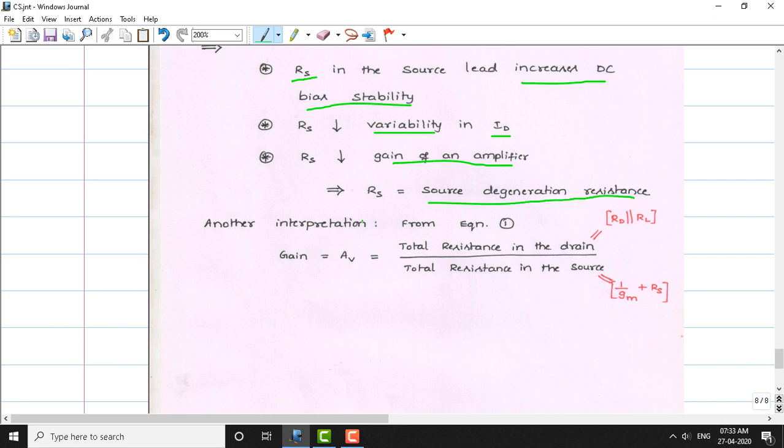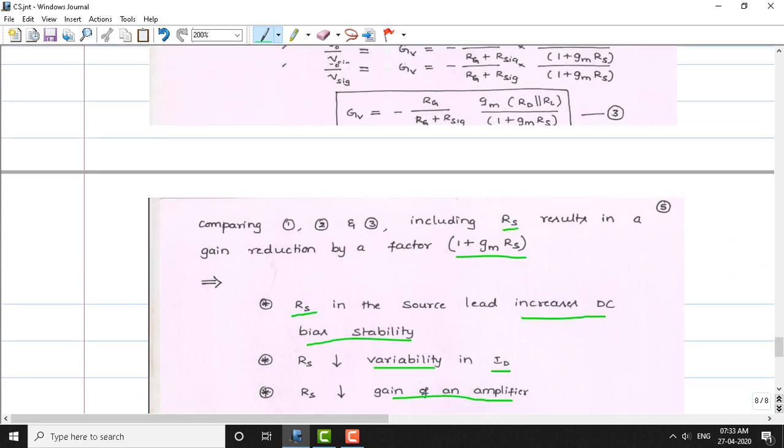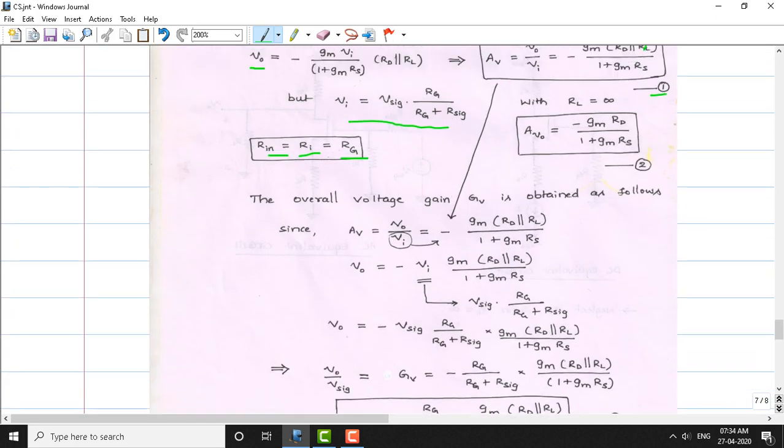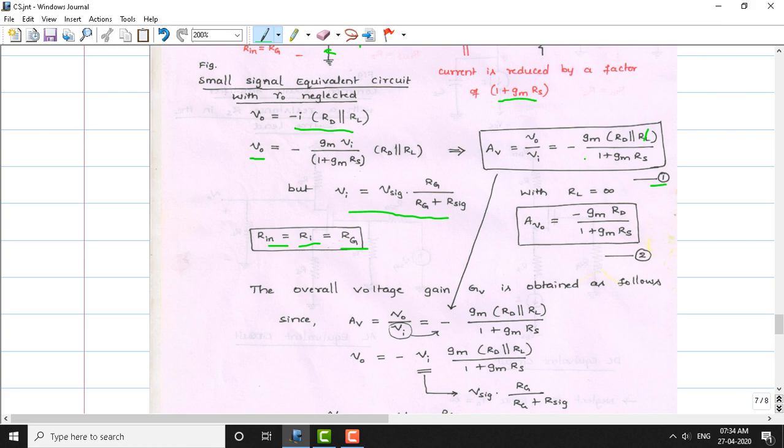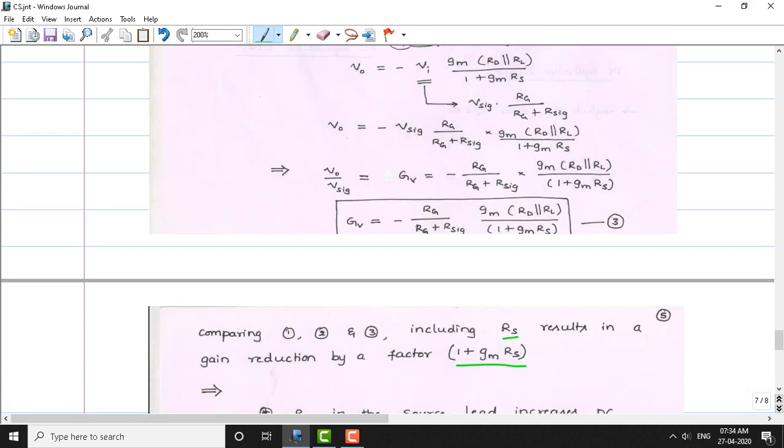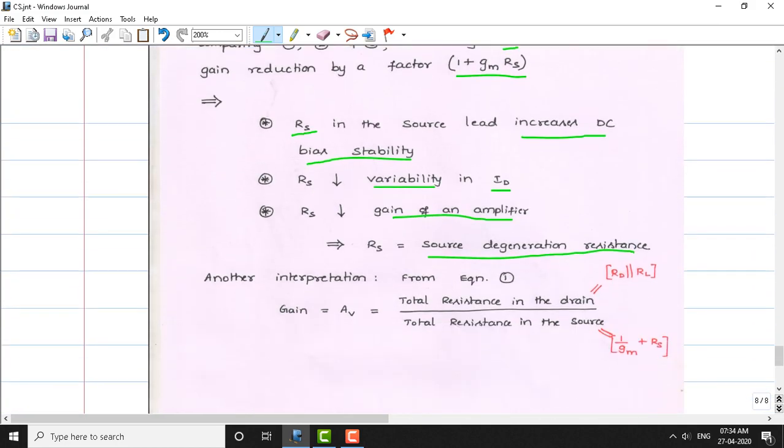Another interpretation: if you look at equation 1, it is nothing but the AV equation. If you look at the numerator and denominator, AV is a ratio of the total resistance in the drain divided by the total resistance in the source.